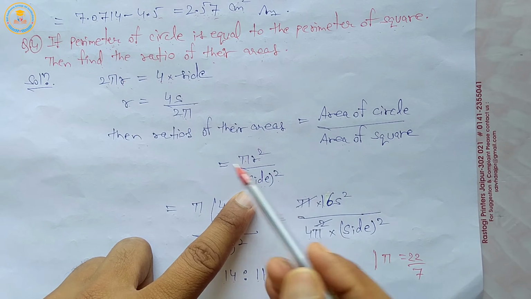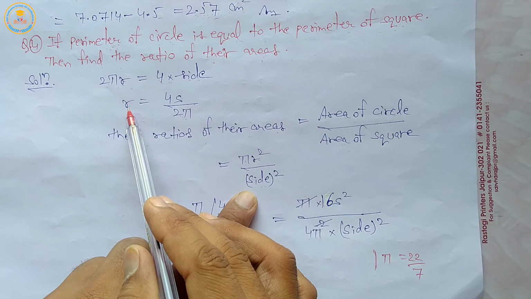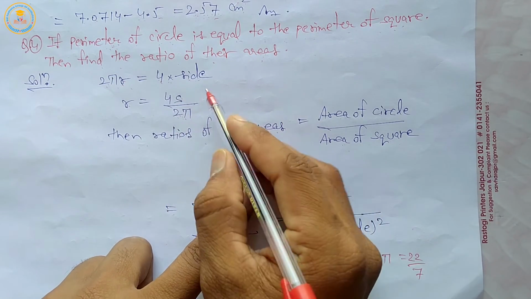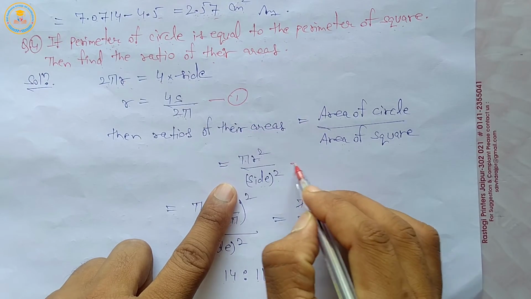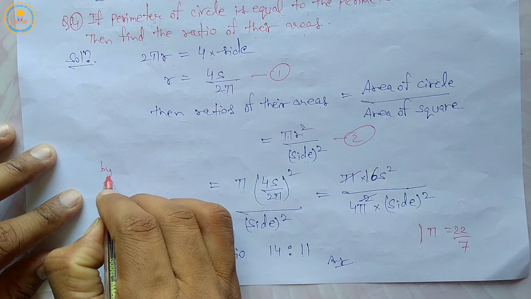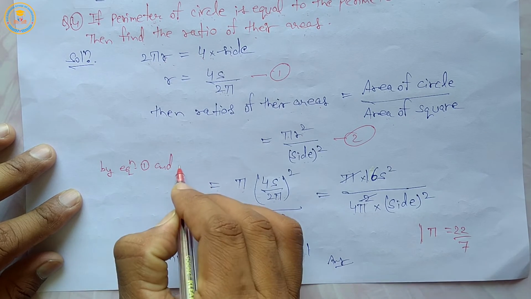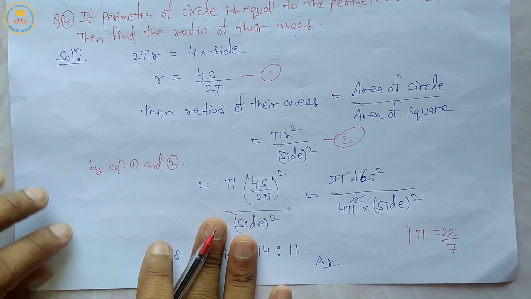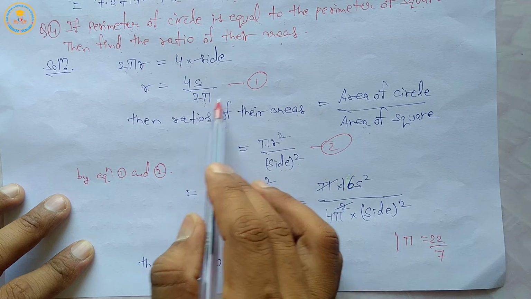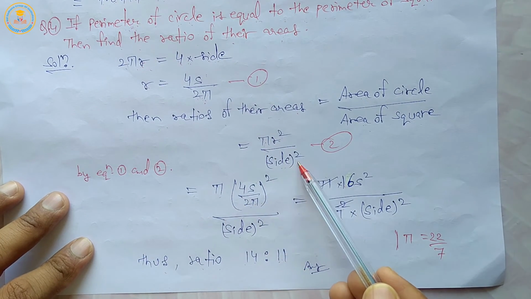Put the value of r as 4s divided by 2 pi. Equation first: r equals 4s upon 2 pi. Equation second: pi r square upon side square.